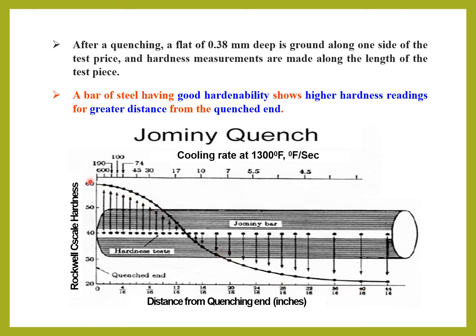At the starting end the cooling rate is very high and the hardness is also very high, and then slowly from this end to this end the hardness value becomes very low and the cooling rate also very low. From this we can find the hardness value at any point. So this is about the Jominy End Quench test. By using this test we can find the hardenability of a steel.